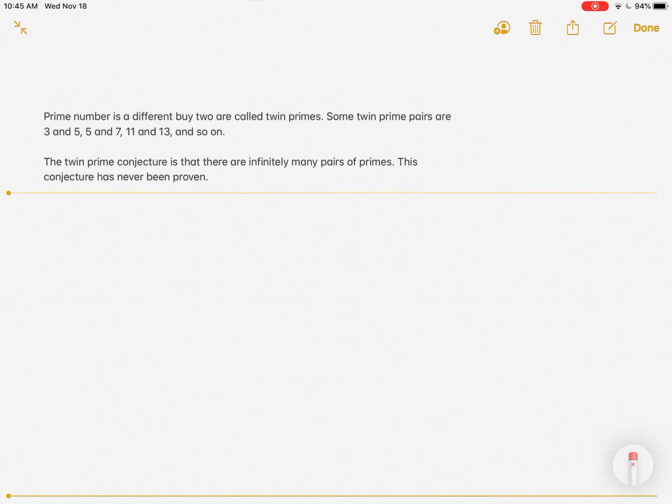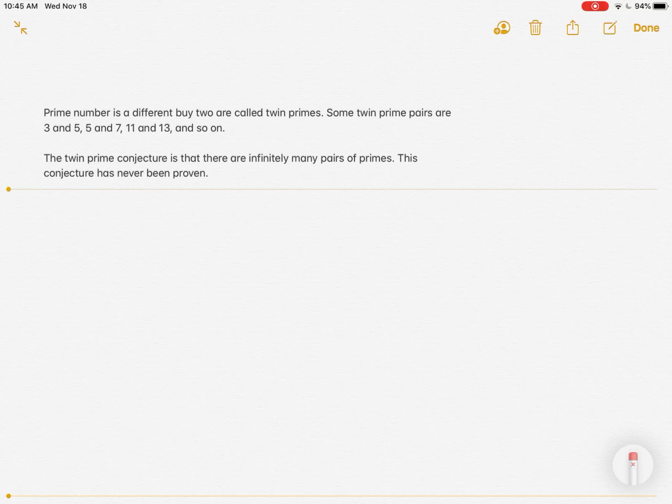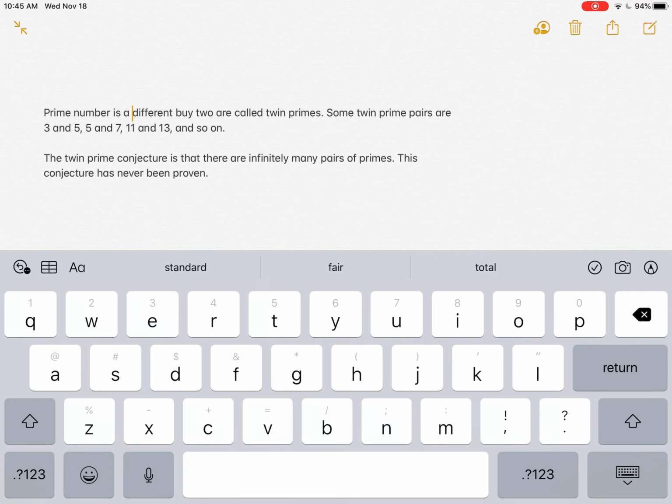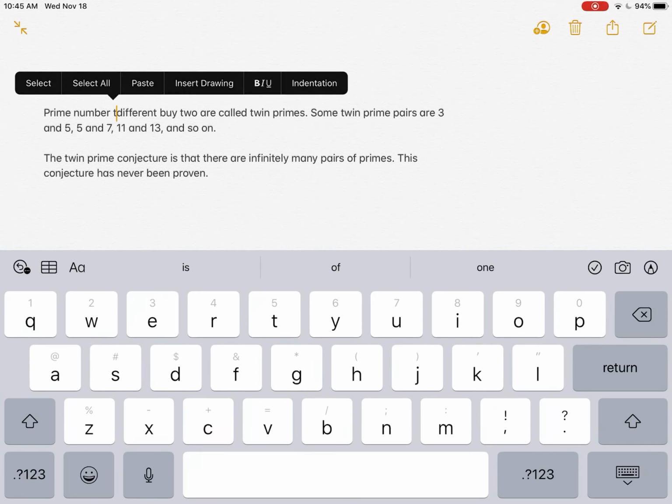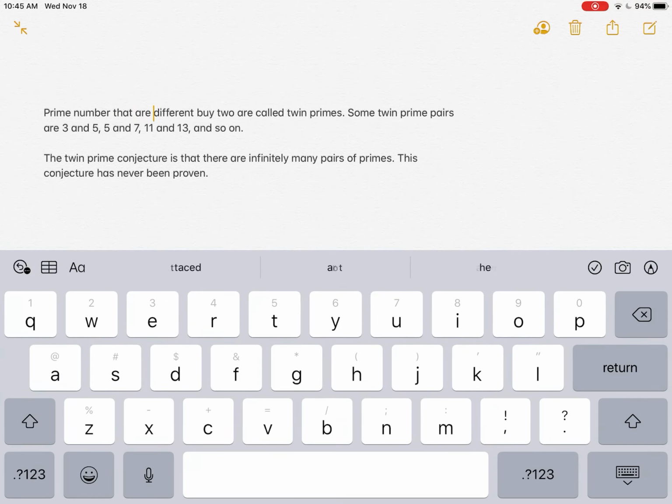So twin primes are numbers that, well, let me define them. So actually it's defined here. Prime numbers that are different by 2 are called twin primes.